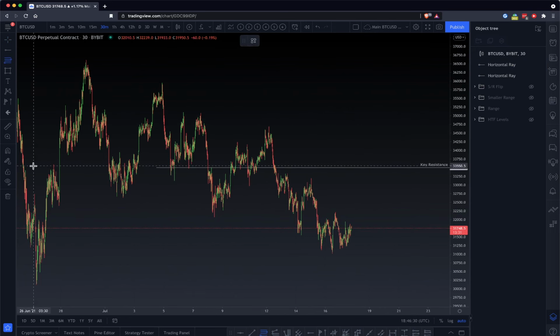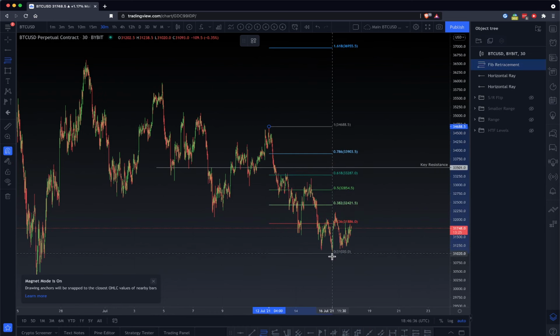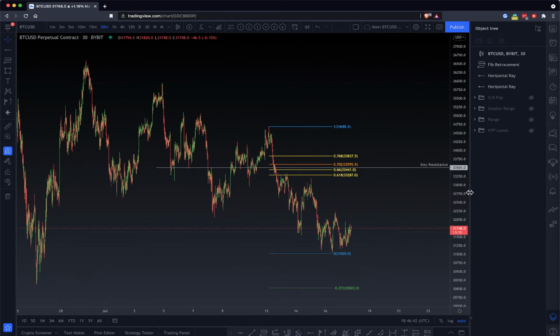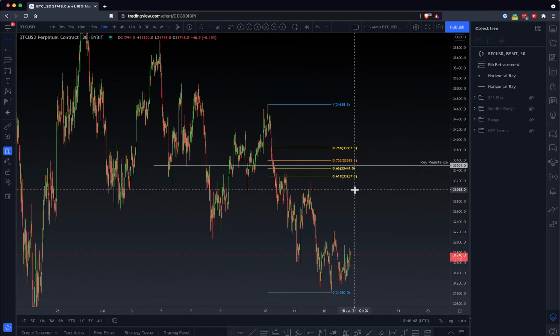And let's see. My God, it kind of perfectly lines up with the golden pocket region.